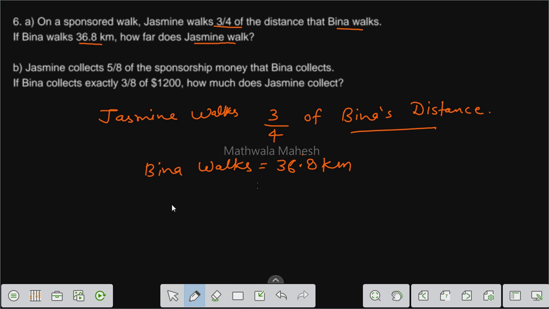Okay, so Jasmine walks equal to 3 by 4 of Bina. 3 by 4 of Bina walks.